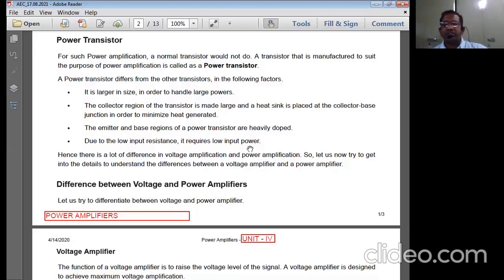These are the various important points. By incorporating all these points, we construct a power amplifier. In order to construct a power amplifier, you have to consider these as the design issues. Once you go through these design issues, then we can design the power amplifier circuit.